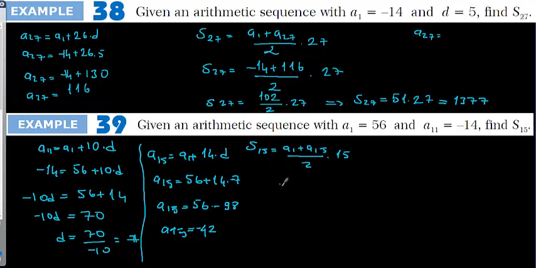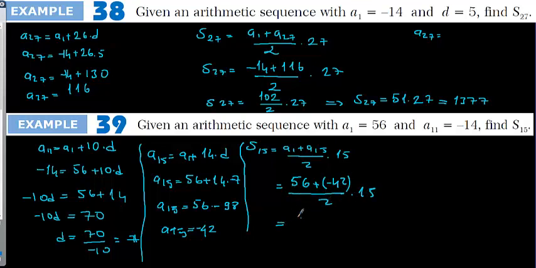Then this is the third part now. S15 is equal to A1, which is 56, plus A15, which is minus 42, over 2 times 15.